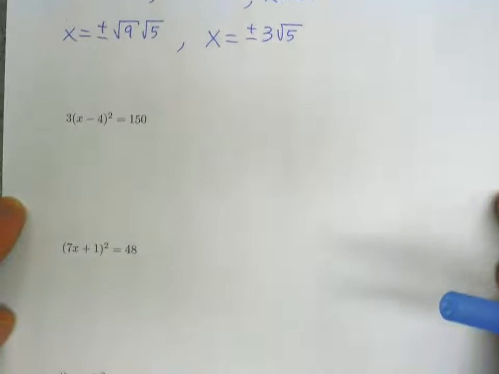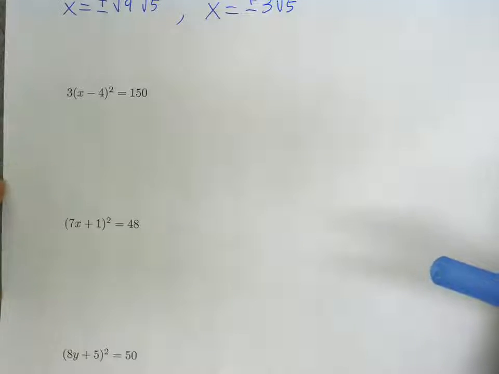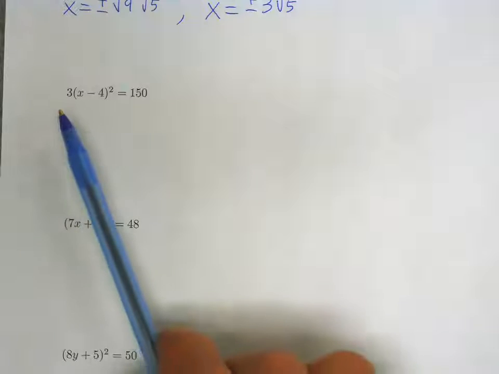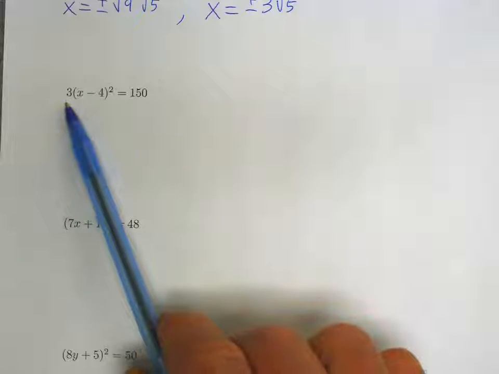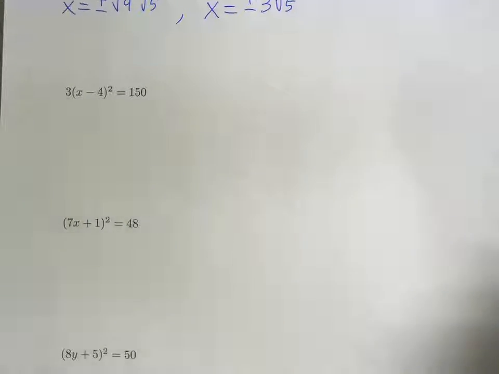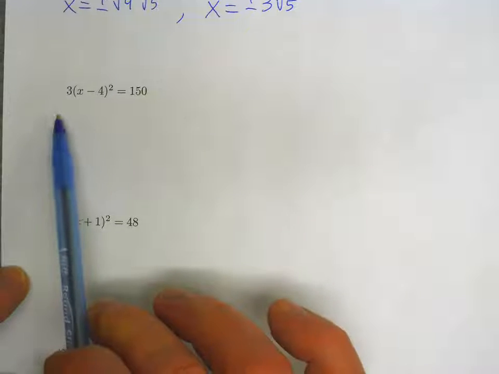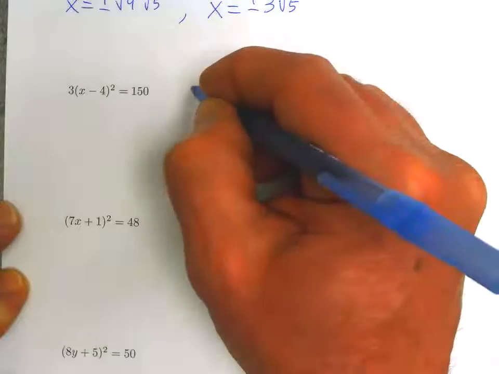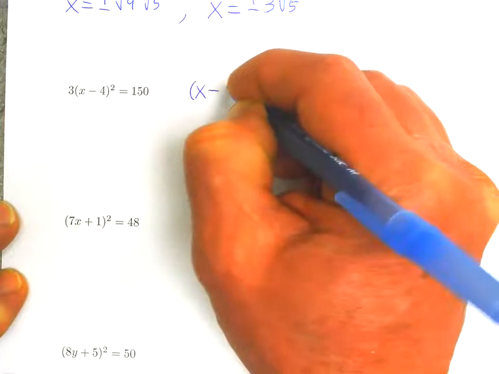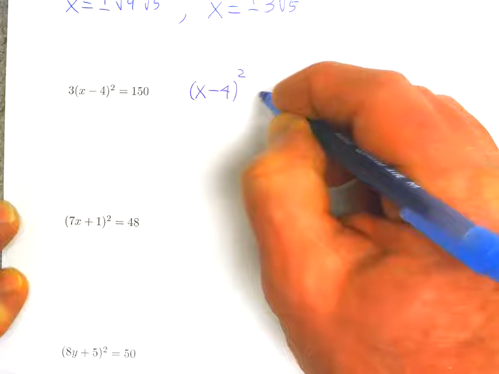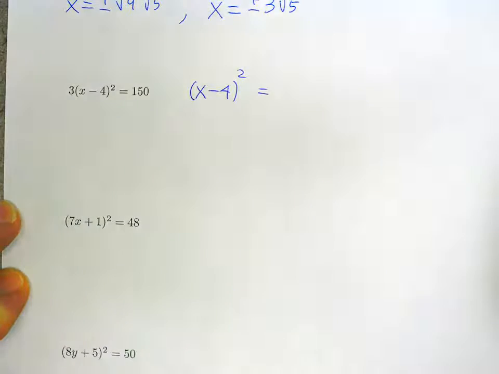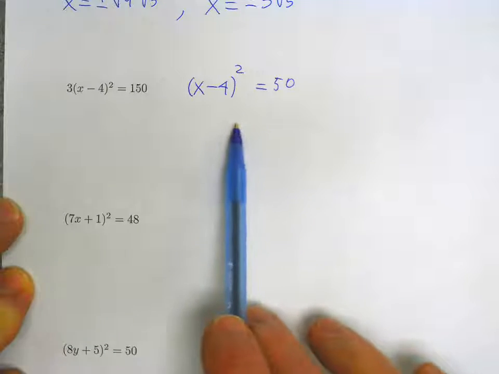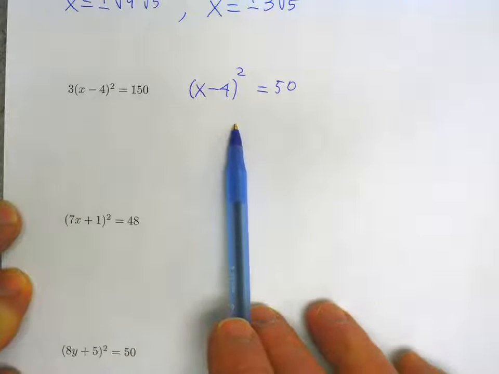Okay, in the next example, 3 times the binomial x minus 4 squared equals 150. So we should start out by dividing both sides by 3 first. That's the preliminary work to do in this one. So when we divide both sides by 3, we get the binomial x minus 4 squared, and 150 divided by 3 is 50. Now it's all set up to apply the square root property.